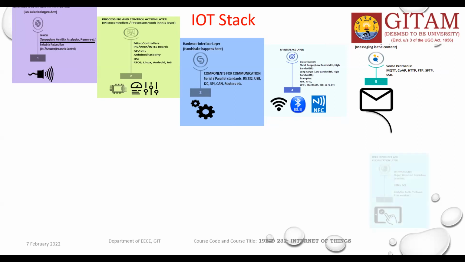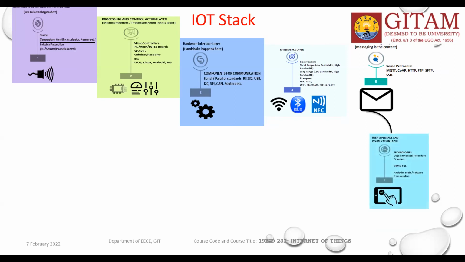The next one is the user interface layer, that is the sixth layer. 1, 2, 3, 4, 5, 6. The user interface layer should be very attractive, so even a common man should understand this. For example, to make more people use WhatsApp, they created one icon for it.